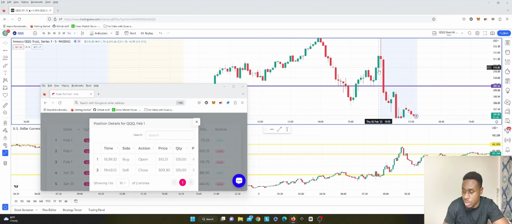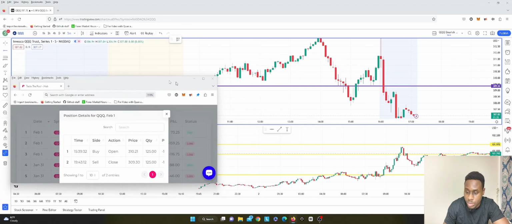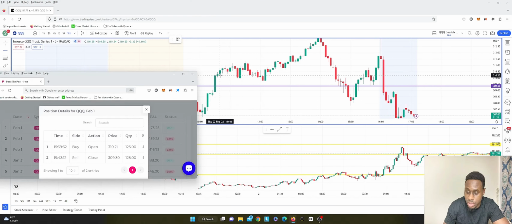So this final trade I entered at 10:39, on the 10:35 candle at 310.21.